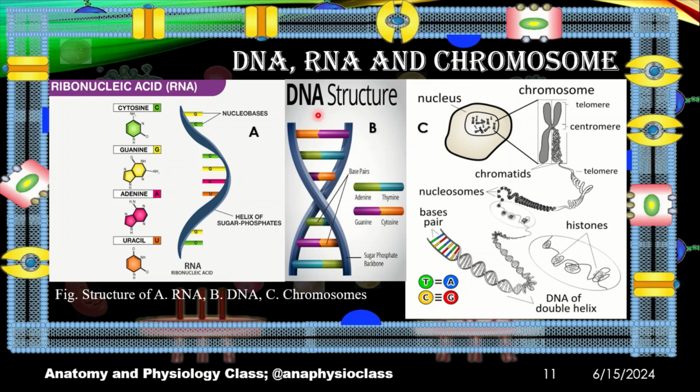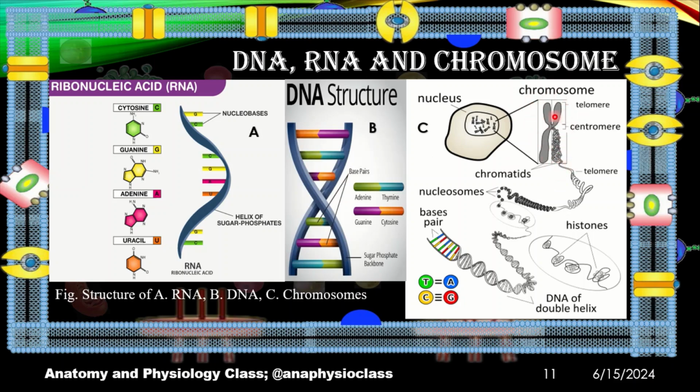A chromosome is a coiled DNA. A chromosome is formed when DNA coils itself on a protein known as histones. So it forms a complex structure known as a chromosome.